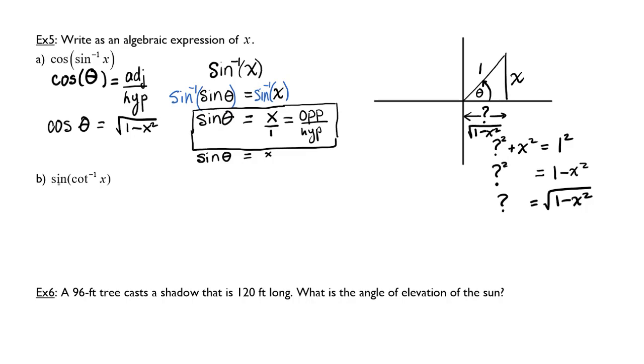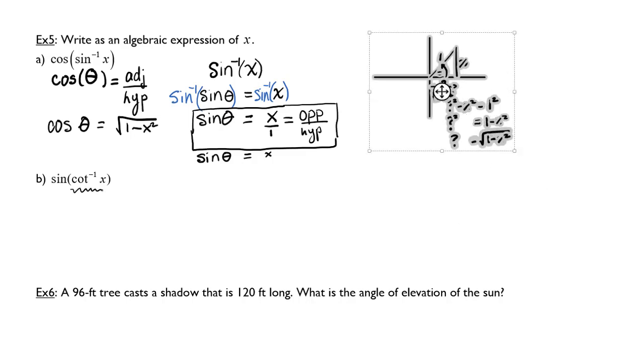Let's try this again with sine of cotangent inverse of x. The cotangent inverse of x means I will be finding a theta. So sine of theta will be what I'm looking for. If I know that cotangent inverse of x is an angle, then I know that the cotangent of theta equals x.